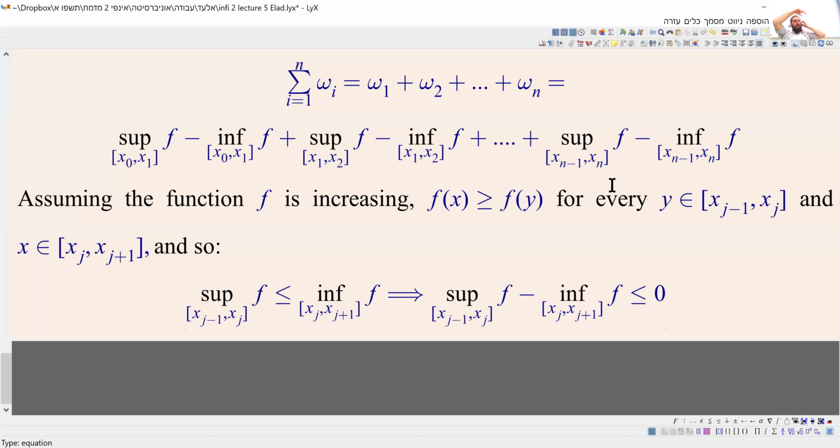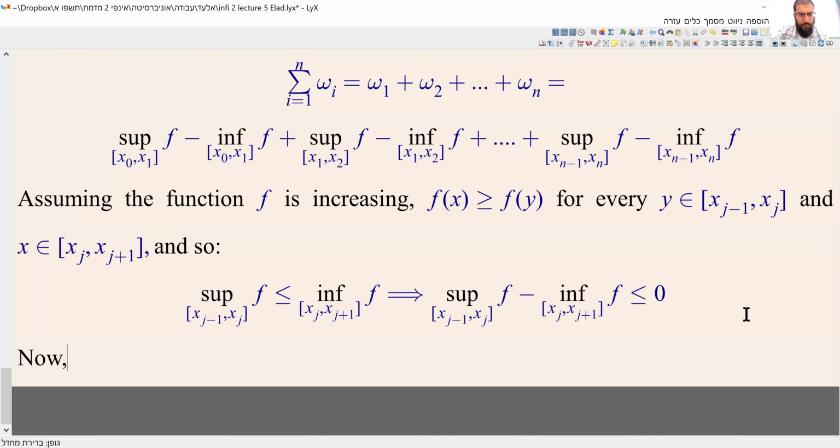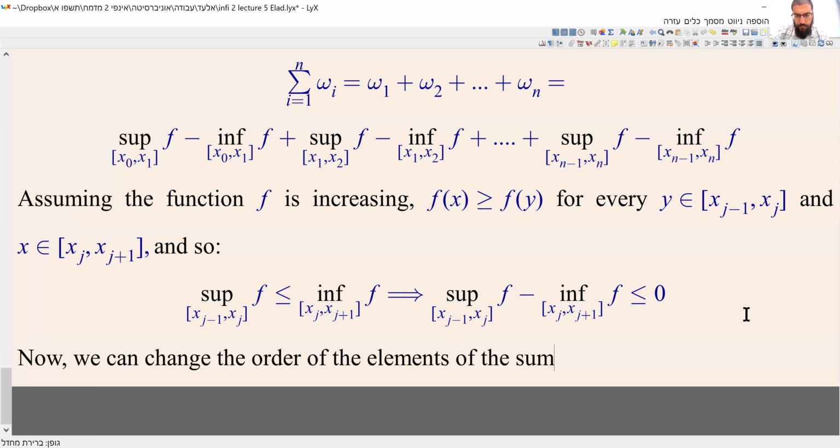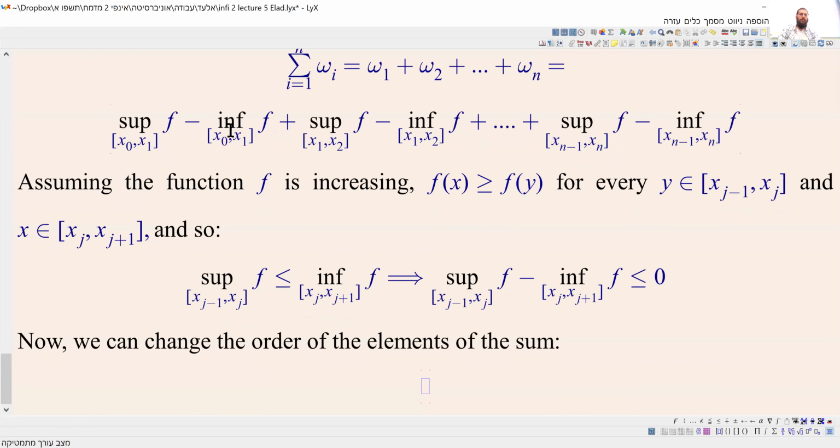Now, we can rearrange the components of the sum in the following way. Change the order of the elements of the sum. I arrange it that way. Every sup goes with the infimum of the next segment.